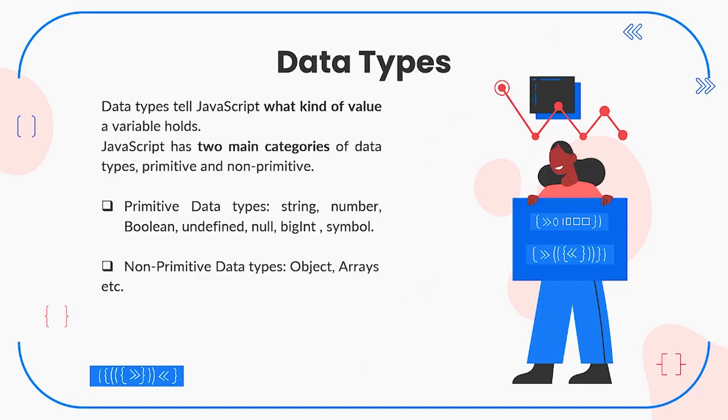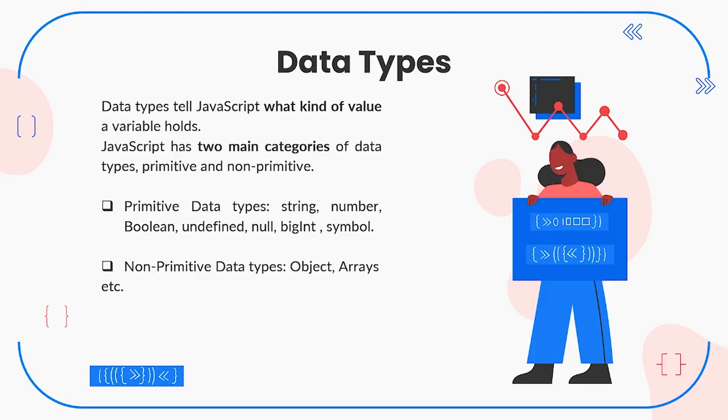So data types tell JavaScript what kind of value a variable must hold, whether it should be a string, a number, a boolean, a big int, a symbol, undefined, etc. So in JavaScript, we have two main categories of data types.